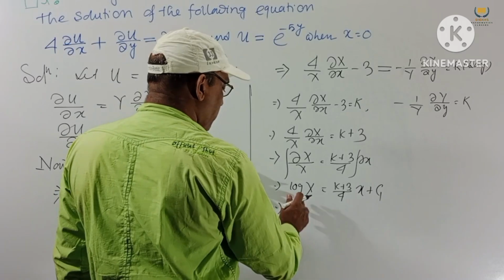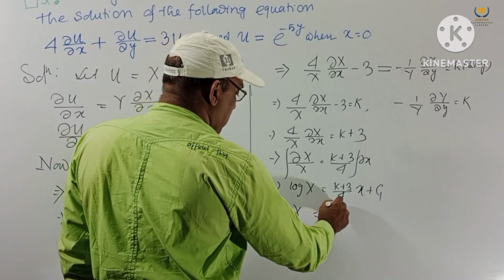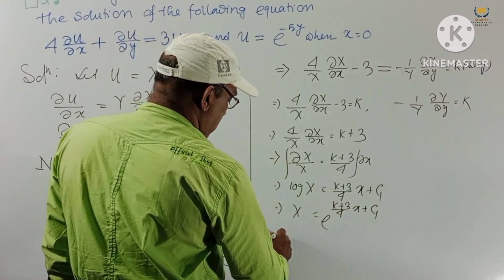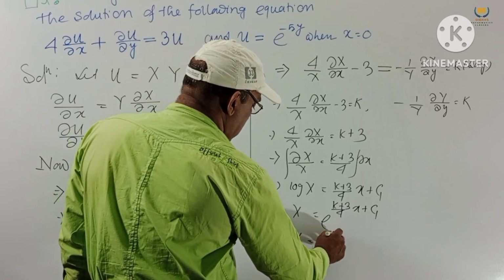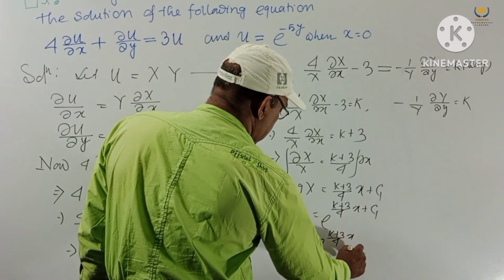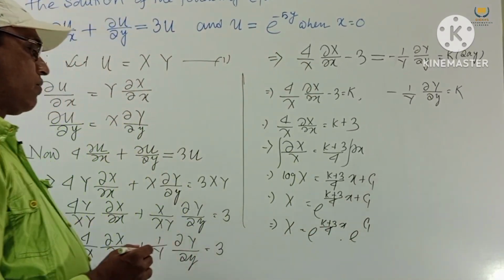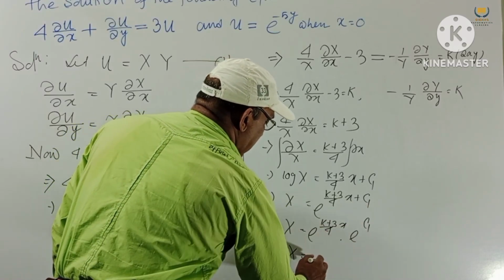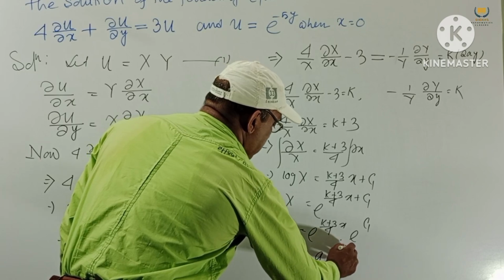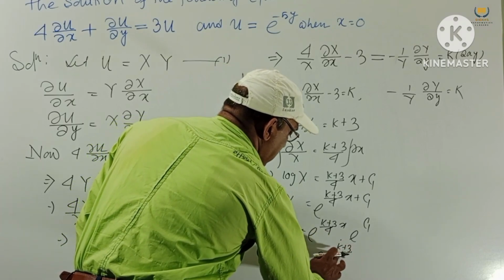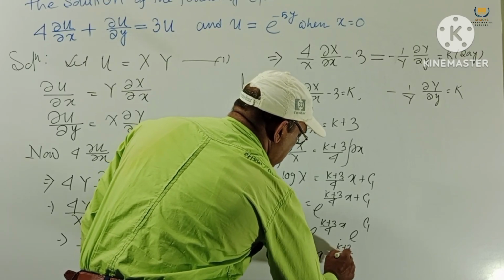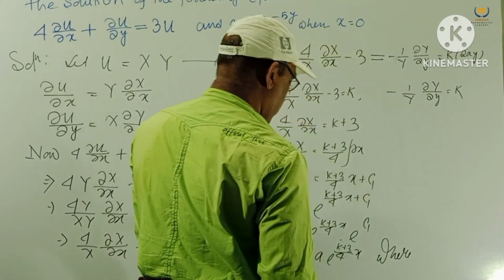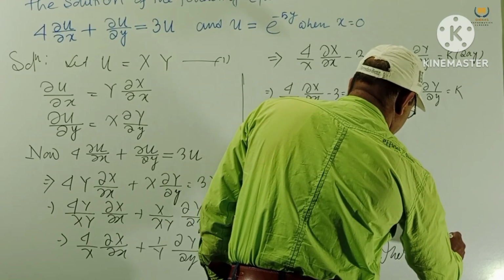If we remove the log, the base is e, so X = e^((k+3)/4 x + c1), or X = e^((k+3)/4 x) e^(c1). This we consider a e^((k+3)/4 x), where a = e^(c1).